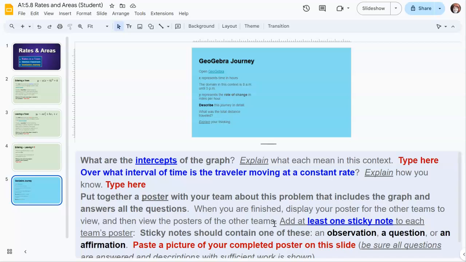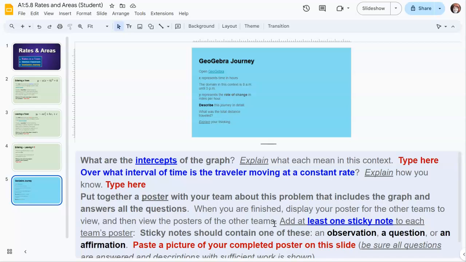And then each team would be given a pad of sticky notes. I would usually give them different colored pads so that I'd know who did what sticky notes. It was just for my purposes, but they would go to each of the other posters and put one sticky note on the poster that has at least one of these things on it. An observation, so something they thought was interesting that they want to mention or talk about.